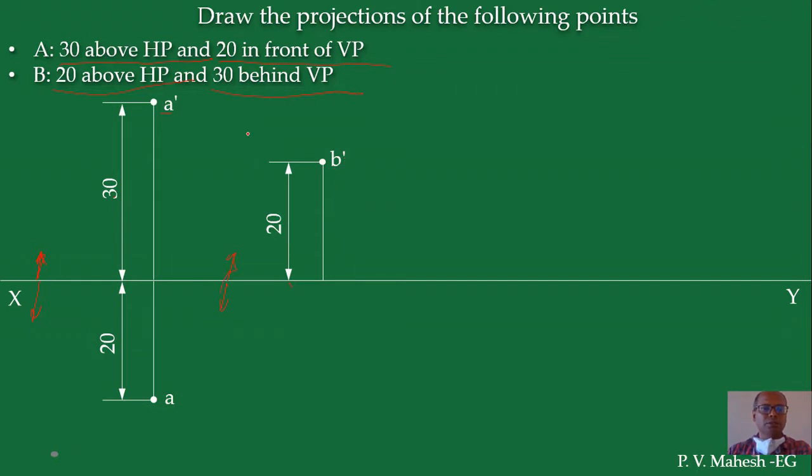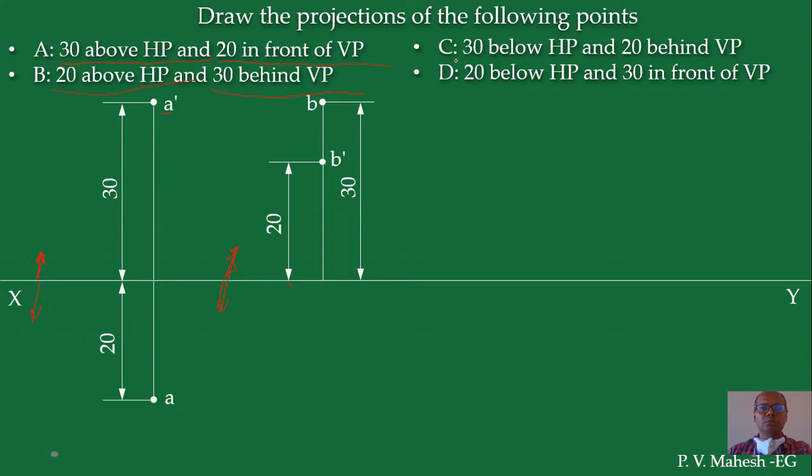Now the top view is 30 mm behind vertical plane. So this is behind vertical plane and this is in front of vertical plane. Behind vertical plane at a distance of 30 mm from XY. 30 mm behind vertical plane means 30 mm above XY.